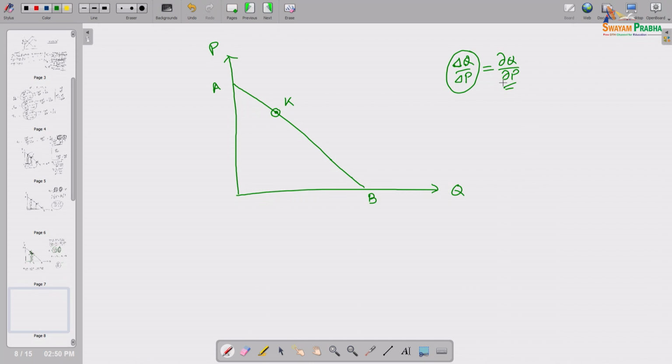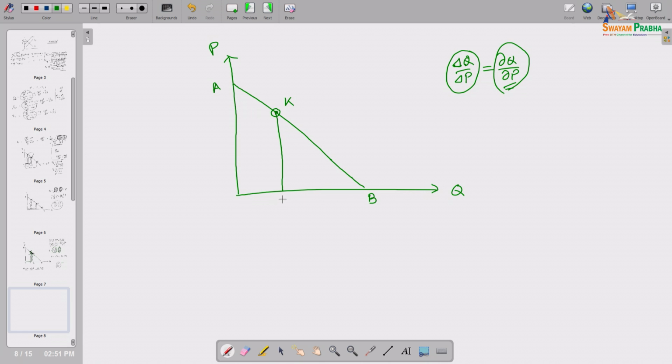So this ratio, delta Q by delta P, is always the same at every point, as we said earlier. It is the reciprocal of the slope, because on the vertical axis we are measuring P. So, at this point, what is the elasticity value? That depends on this price and this quantity value.